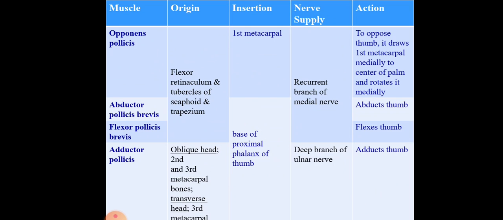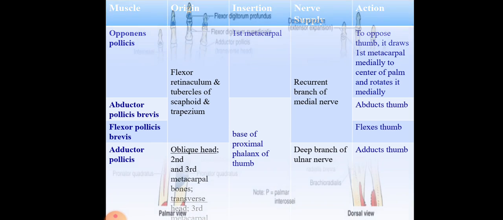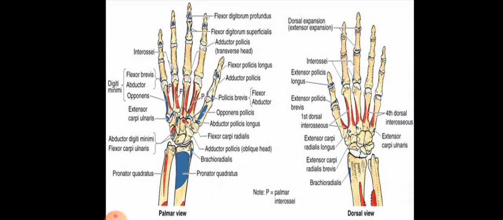Deep branch of the ulnar nerve, while abductor pollicis brevis, flexor pollicis brevis, and opponens are supplied by the recurrent branch of the median nerve. Again, the insertion and nerve supply, because the action is very easy, origin also very easy.